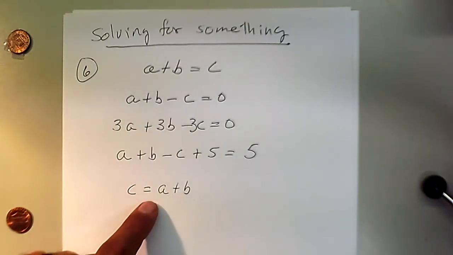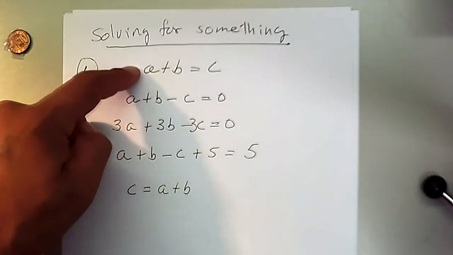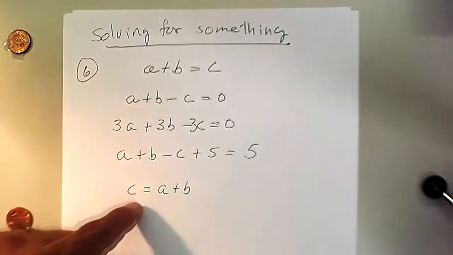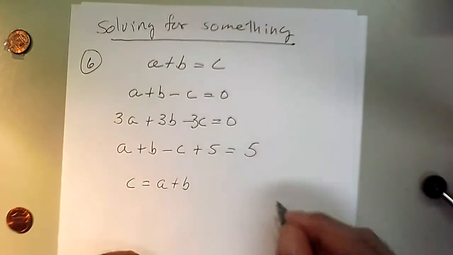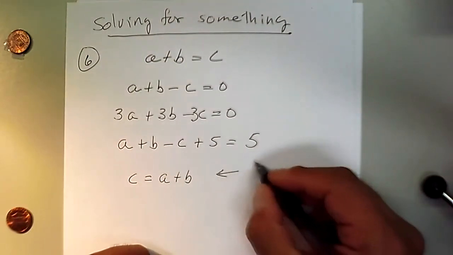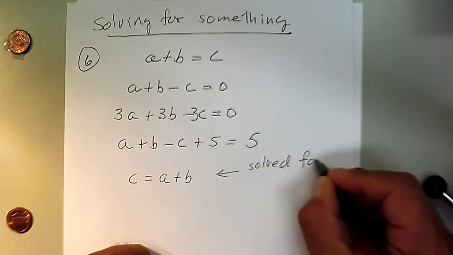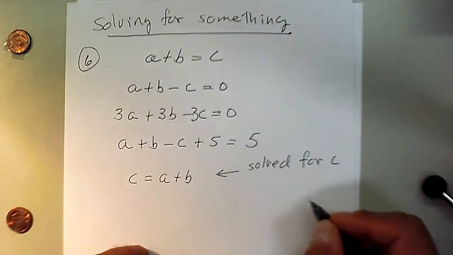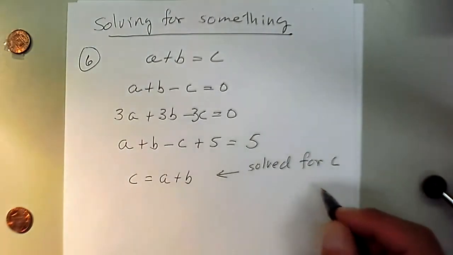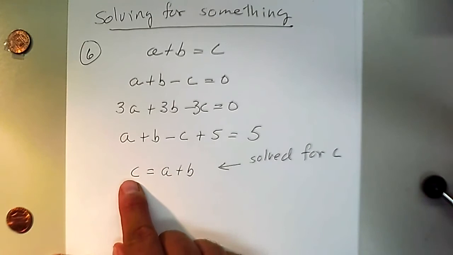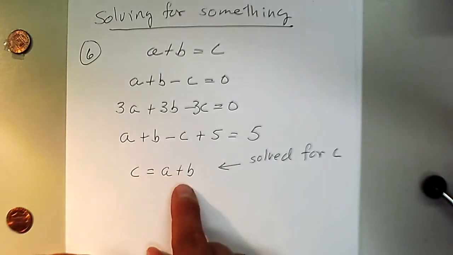So this equation is equivalent to this one, but it has been solved for C. So this is an equation that is solved for C. How can we tell that that has been solved for C? Because there is a single C all by itself on the left, and there is no C whatsoever on the right.